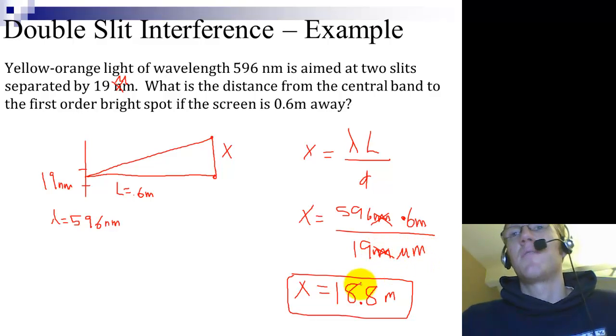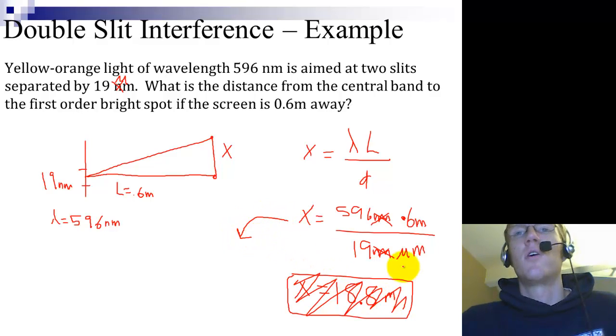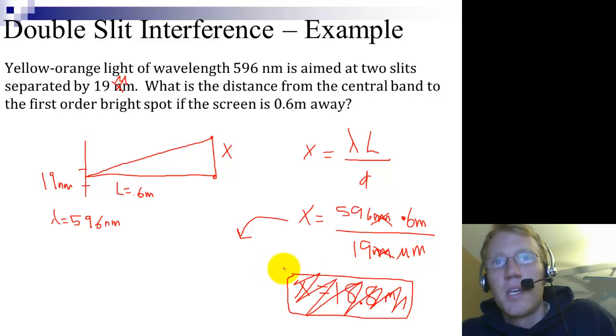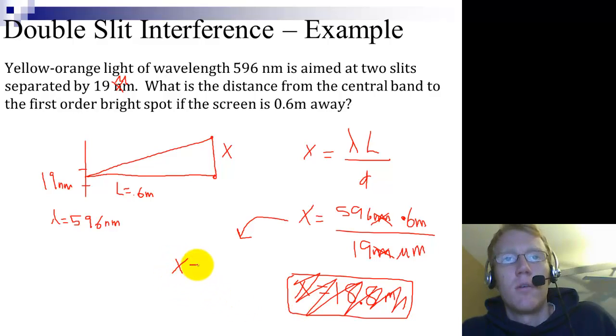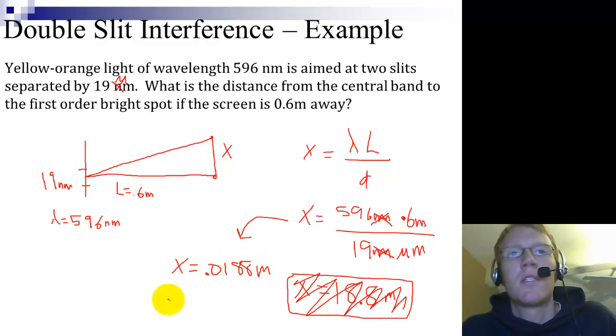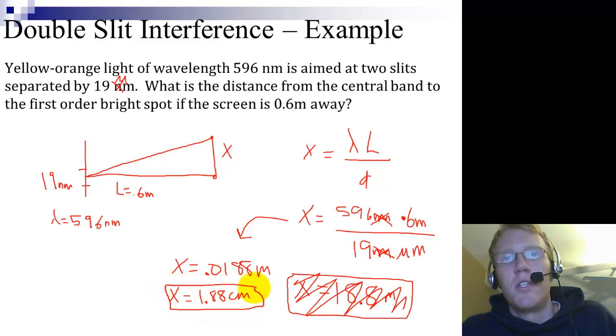And if you know, there's 1,000 nanometers in a micrometer, and so this number we just got here is 1,000 times too big. So we can divide it by 1,000 and we get 0.0188 meters. And we put it in centimeters since that'll look a little prettier. 1.88 centimeters.